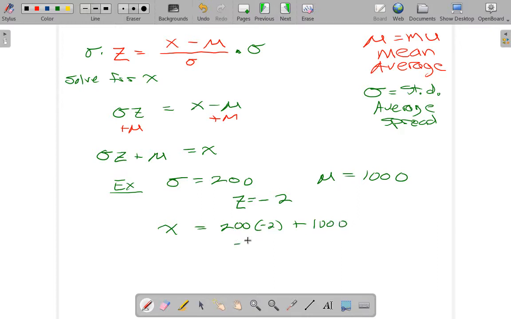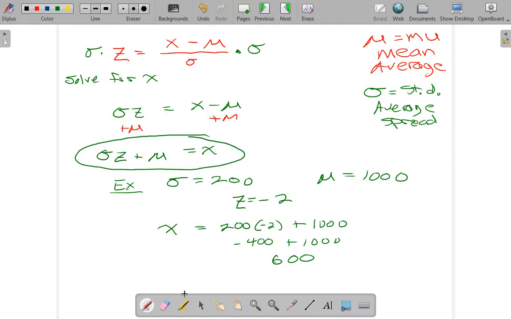So that's going to be -400 plus 1,000, which is 600. So that means they actually scored 600 if they were 2 standard deviations below, that's the negative, the average. And so again, this was the formula I was trying to solve for. So instead of z equals, I have a formula that says x equals, and let's highlight that sucker. That's my highlighter.